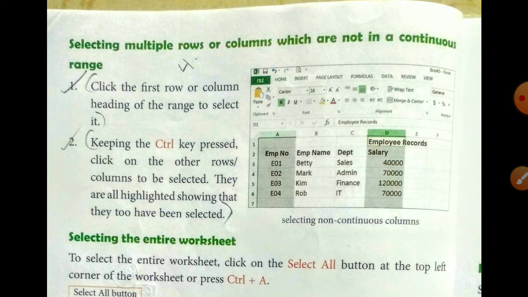Click the first row or column heading of the range to select it. Second, keeping the Control key pressed, click on the other rows or columns to be selected. They are all highlighted, showing that they too have been selected.